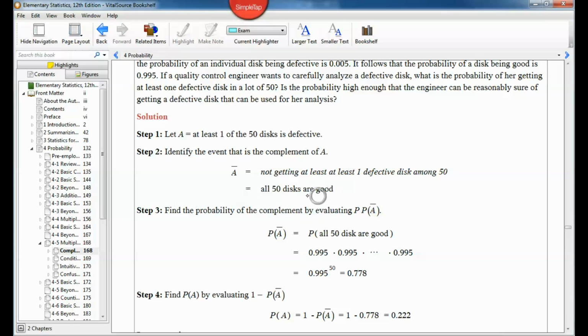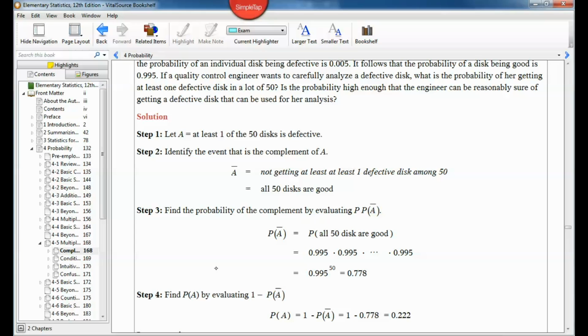Alright. So find the probability of the complement. Right here, the probability of not A, or the probability that all the disks are good, would be 0.995 raised to the 50th power, because there's 50 disks. So each one of those you'd have to multiply. And if you do that in a calculator, you get 0.778. So this right here is the probability that all 50 disks are good.